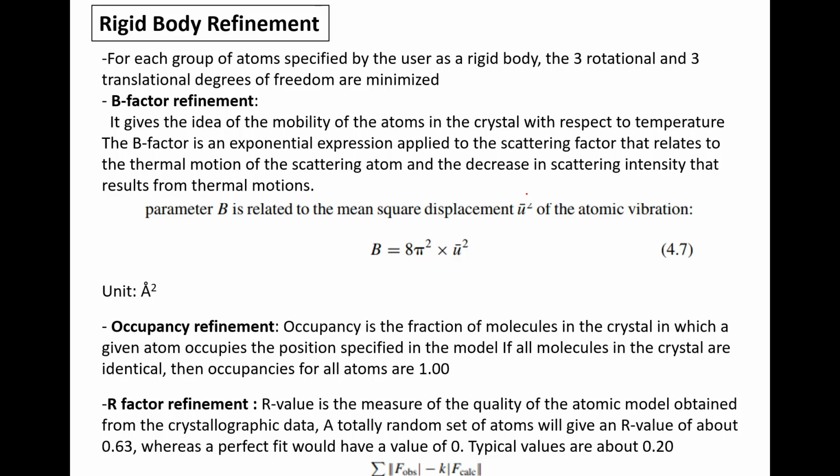You need to rotate that rigid body, your protein, with 3 degrees of freedom in the translational state, that is, translate it in the x, y and z direction, as well as rotate it with 3 rotational degrees of freedom, to make your protein structure aligned with the known structure used in molecular replacement. So that is known as rigid body refinement.